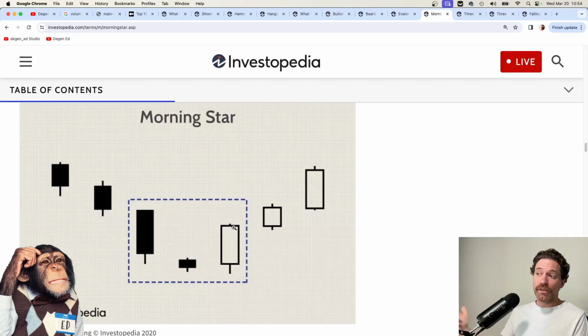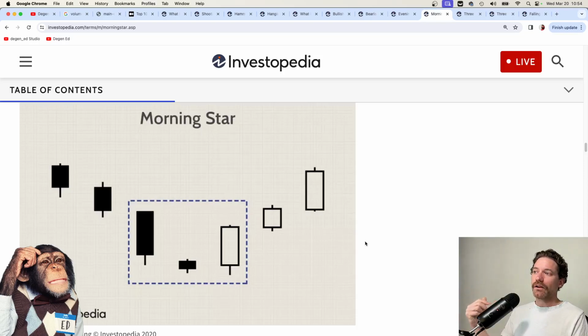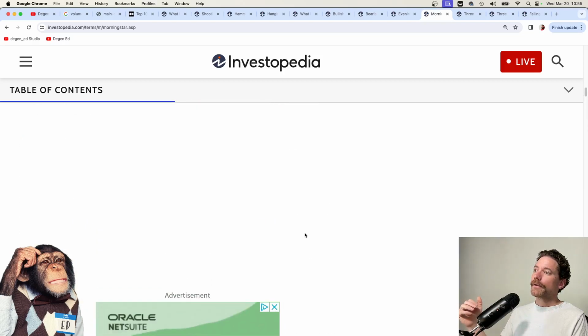While this is not at the bottom, this pattern suggests continuation. So if you were to buy here, you would still be able to make some money on that. So I think that is a useful indicator. And then conversely, for the evening star, this would be just reversed. And this could be a nice indicator to exit the position before it continues down lower.